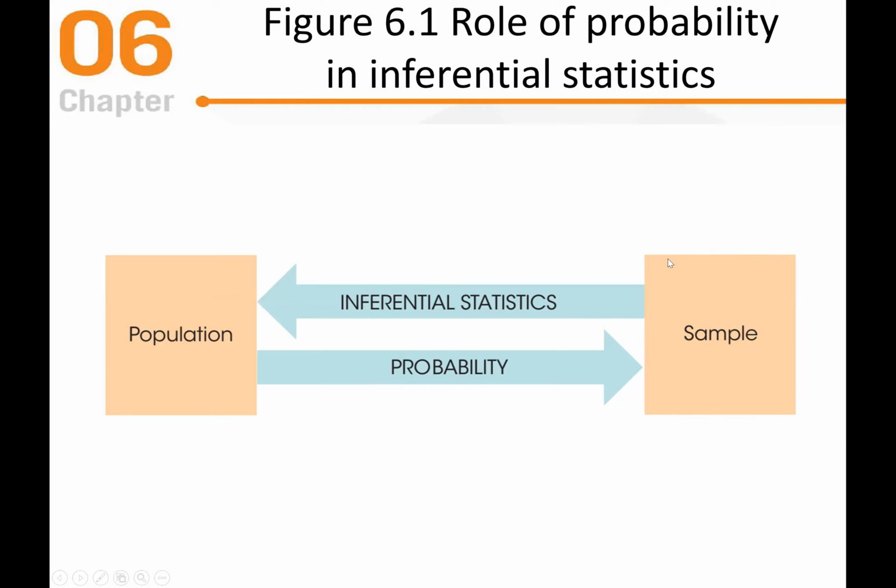Probability is used to predict the type of samples that are likely to be obtained from a population. Thus, probability establishes a connection between samples and populations, and inferential statistics rely on this connection when they use sample data as the basis for making conclusions about a particular population.